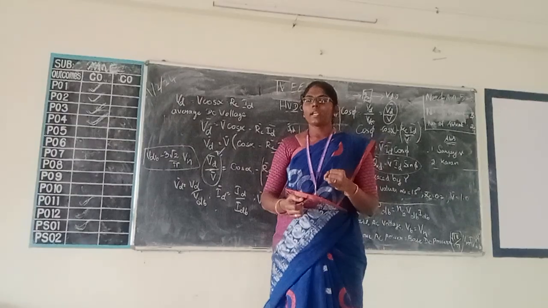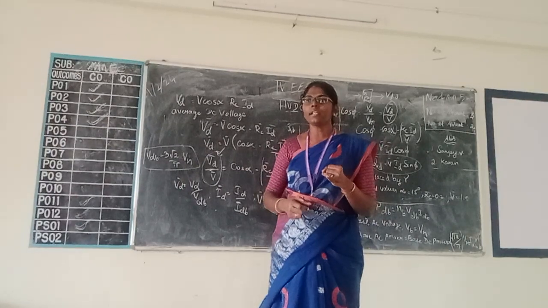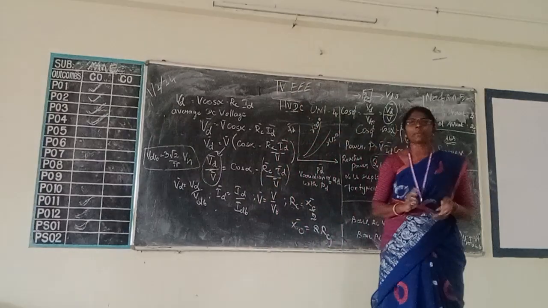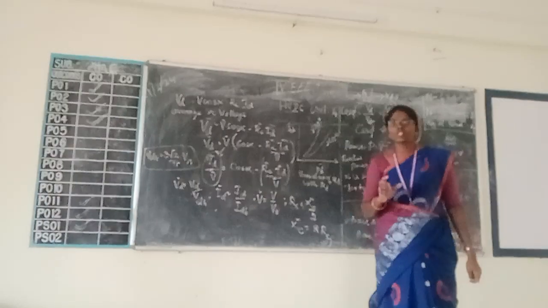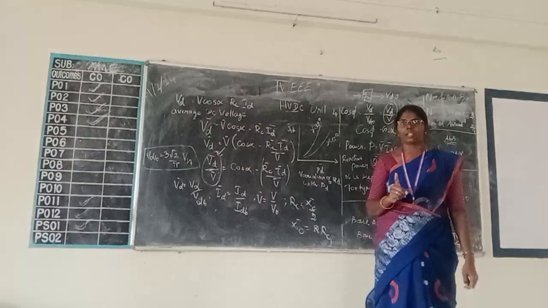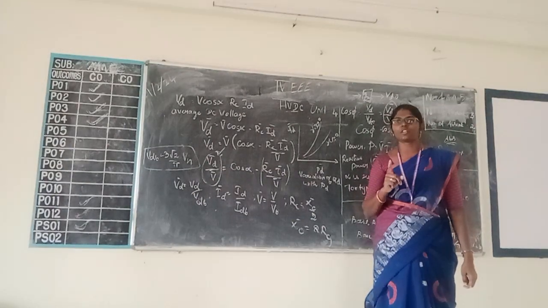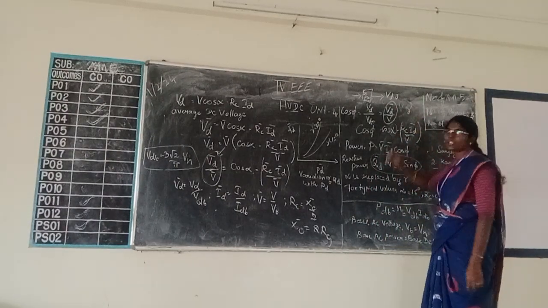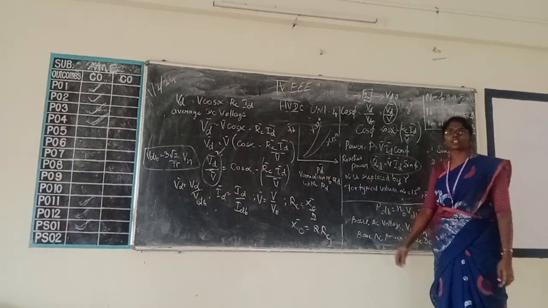In the inverter side, what is happening? By the extinction angle control, we have seen one technique, right? By the extinction angle control, can you all remember that? That is gamma. We have discussed it, right?